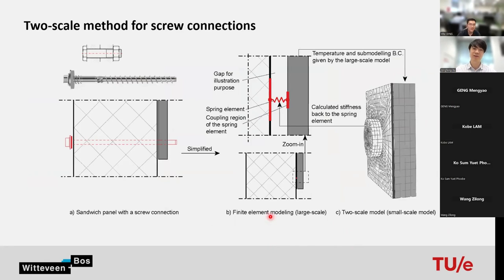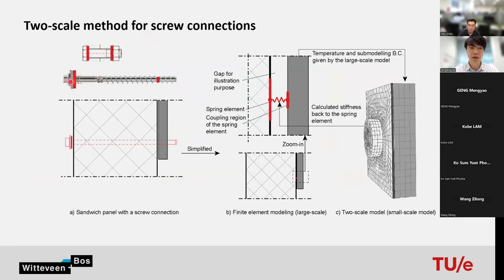Okay, I'll continue. The second topic of my PhD is that I extended the two-scale method for the screw connections. Because for the bolted connection, we have more or less a symmetric contact region over here. But for the screw connections, they have different contact regions.